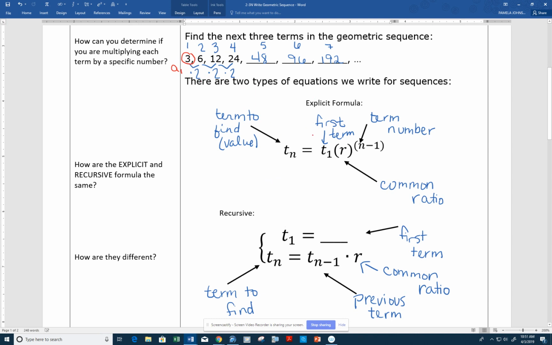So if we were to write the explicit formula for it, we would say T sub n equals 2 times, and I made an error. Can y'all spot the error, guys? Instead of putting my first term, I put my common ratio there. My first term is 3. This is what I get for going too fast. My common ratio is 2 to the n minus 1 power.